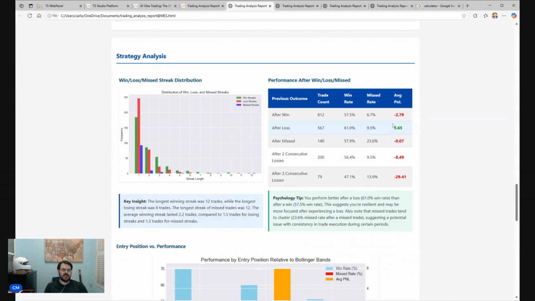A lot of entries were bad entries, but after one loss, we have a very good bias for an average P&L that was higher than the other ones. And this is specific for the MES, the micros, without changing the contract to trade the minis. This is the raw view of these statistics for this kind of trade.